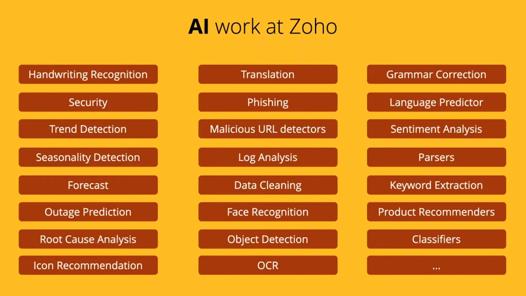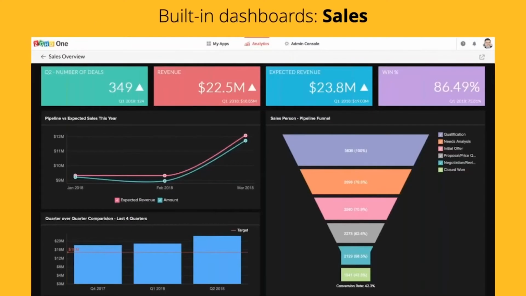And I'll show a little bit of that shortly here, but I want to show it in combination with business intelligence. So before I do that, I just want to get you up to speed on what business intelligence is. Of course, it's reporting and building dashboards. Within Zoho One, we have a bunch of built-in dashboards that, as you turn on applications in Zoho One, it'll automatically build dashboards full of reports like this one, the sales dashboard.